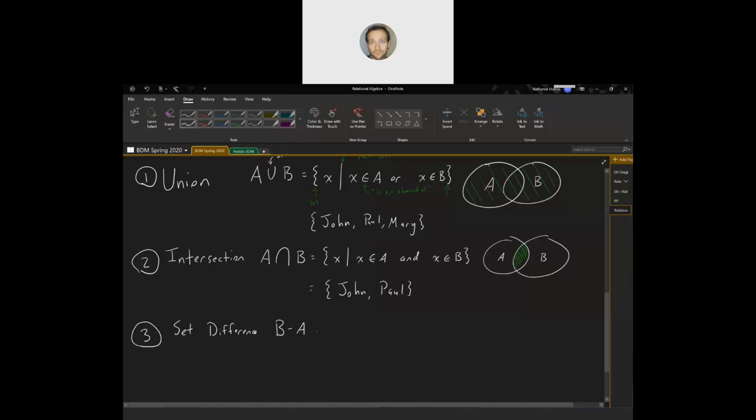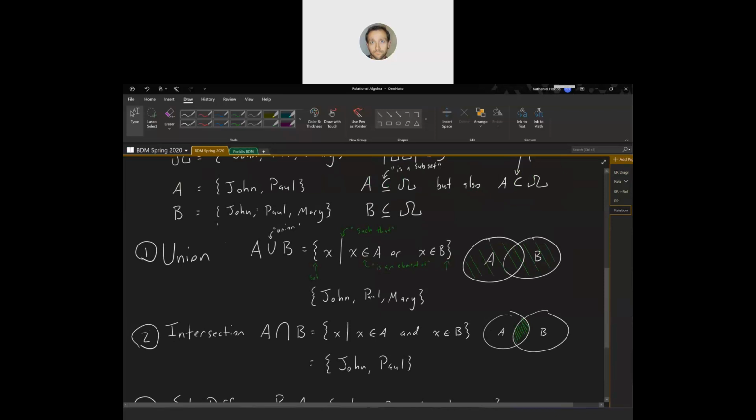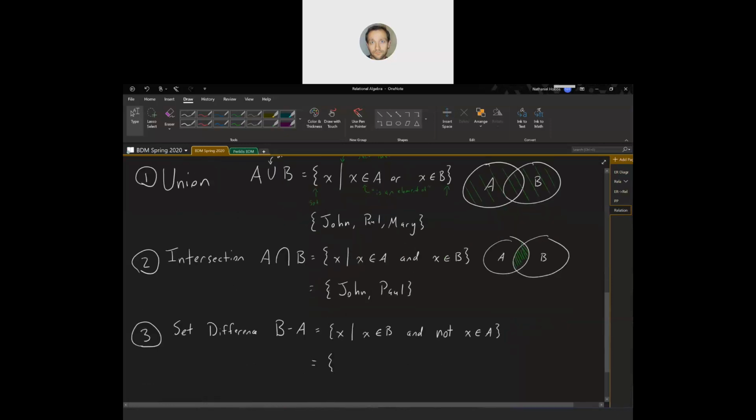B minus A. So these are elements x such that x is in B and not in A. The reason why I switched this around is because B holds more elements than A. So B minus A is you remove those elements in B that are in A, and the result is what's left over. In this case, Mary.